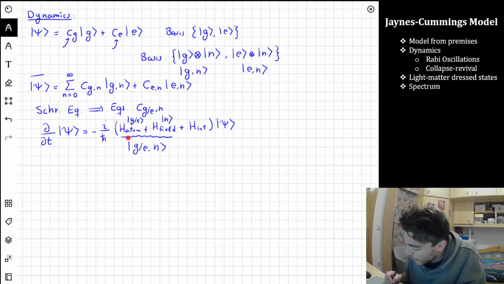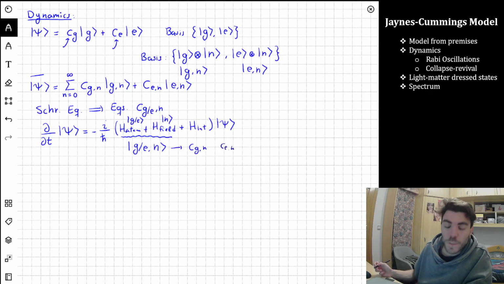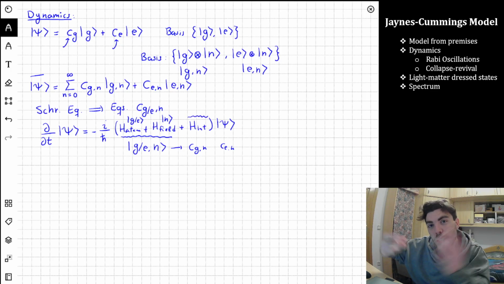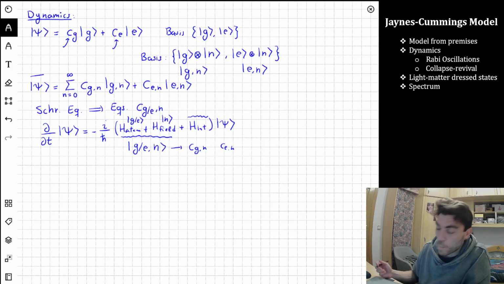So when we apply this Hamiltonian to this wave function, we are going to get diagonal coefficients, if you want. And the Hamiltonian of the interaction is the one that is going to mix states between them. It's the one that is going to create the possibility of transitions between eigenstates. That's why it's the perturbation.